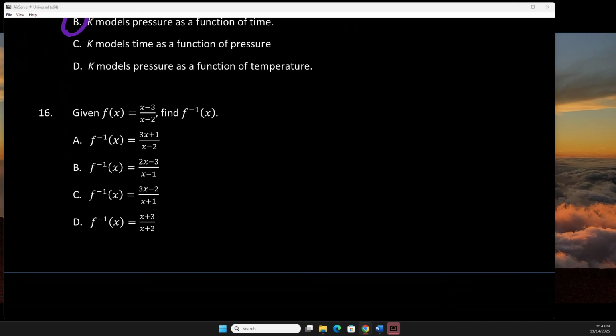All right, number 16, we're going to find the inverse of this function. So to find inverses, the first thing you do is you switch x and y. And then you're going to solve for y by multiplying by the denominator. So you multiply x by y minus 2. So I'm going to go ahead and distribute it. All right.